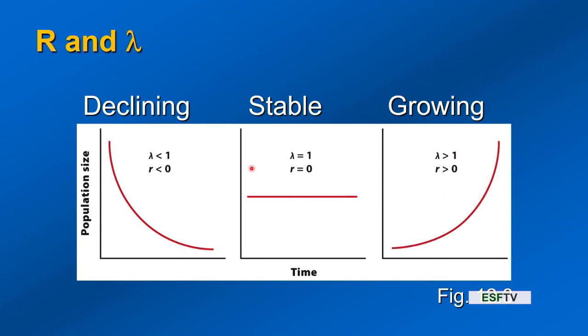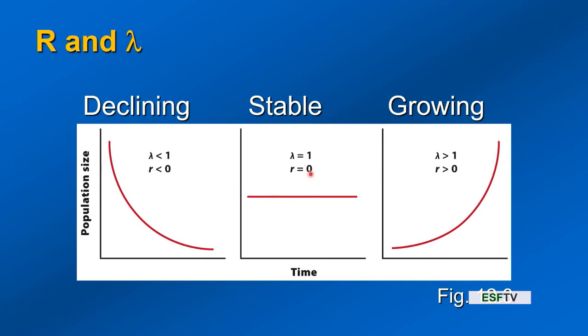And you can see the other feature here. It doesn't matter which model you're using. These same curves are the result of your manipulations of the data with those models. In this model with declining population, lambda would be less than 1, and I showed that in a slide a ways back. The intrinsic rate of increase would be less than 0.